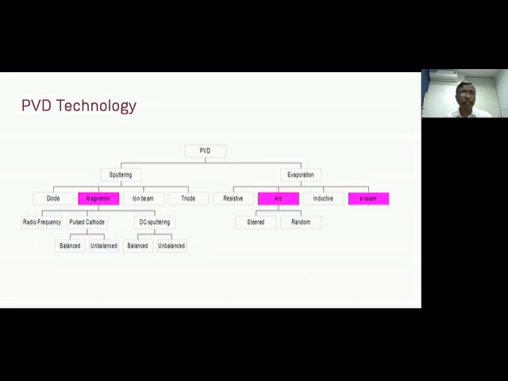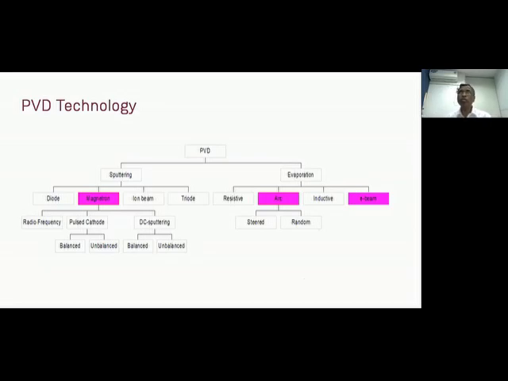With sputtering, one of the famous technologies is magnetron sputtering, which has certain advantages, but at the same time certain disadvantages. And with the evaporation process, we have the arc technology and the e-beam technology.